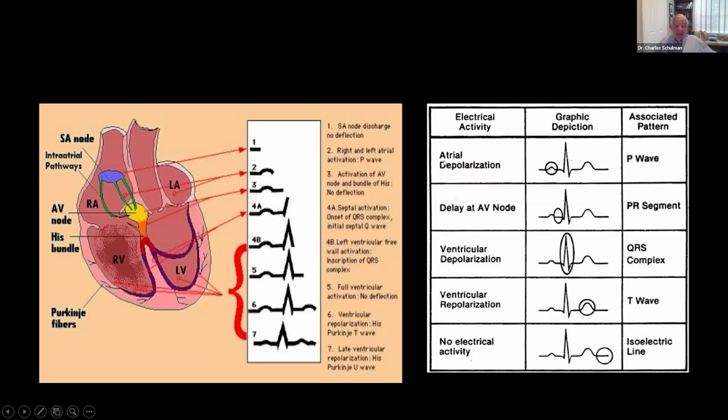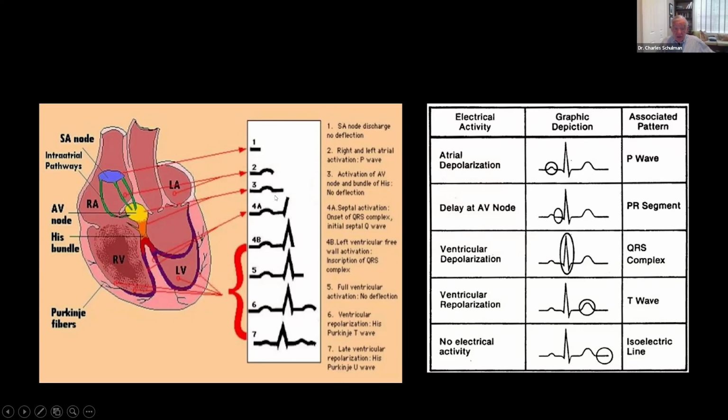Now, the cardiac impulse begins in the SA node, which does not cause a deflection of the surface electrocardiogram. As the impulses travel through the atrium, the next deflection is a P wave, followed by the impulse traversing the AV node, which again is isoelectric.